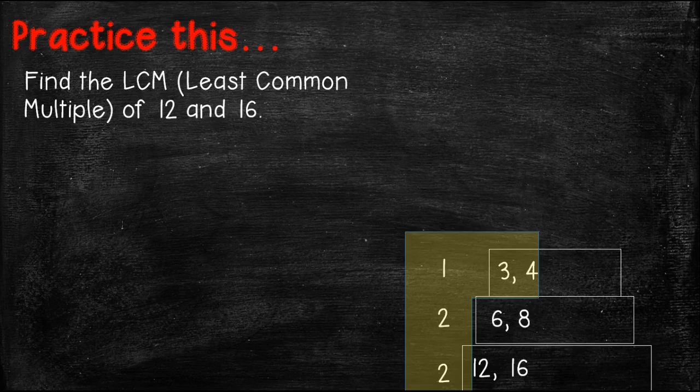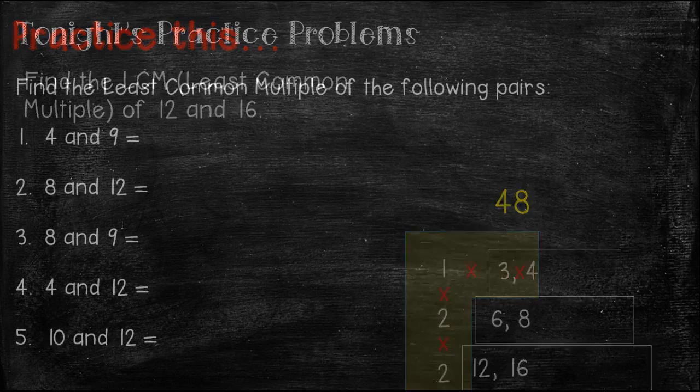Just 1. So we're going to draw our L, and then what do we do? That's right, we multiply everything that is inside our L. So 2 times 2 is 4, times 1 is 4, times 3 is 12, and then 12 times 4 is 48. So our least common multiple of 12 and 16 is 48.